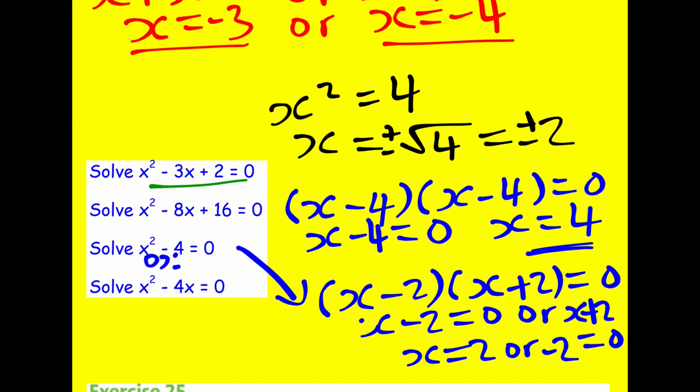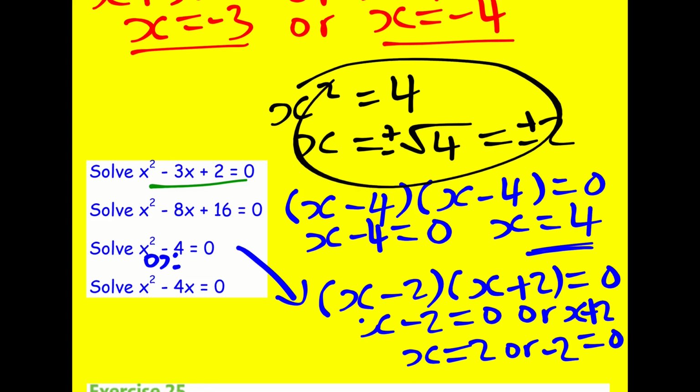But in general, you can't use this method. I can't use it on this one, because if I try and move the 2 over, I've still got a 3x. I'm just talking about this special case, where you can resort back to this method.